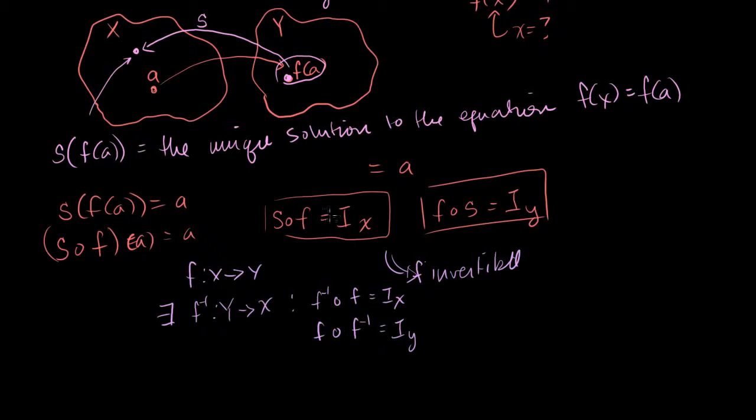Well, we found a function, it exists, and that function is s, where both of these things are true. We can say that s is equal to f inverse. So f is definitely invertible.